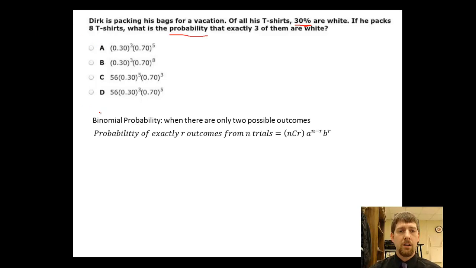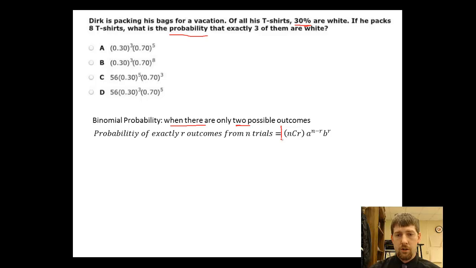So it's still going to be binomial probability because there are 2 scenarios. He either has a white shirt or he doesn't have a white shirt. So binomial probability is when there are only 2 possible outcomes. White shirt or not white shirt. And the way we calculate the probability of exactly our outcomes from n trials is this right here.